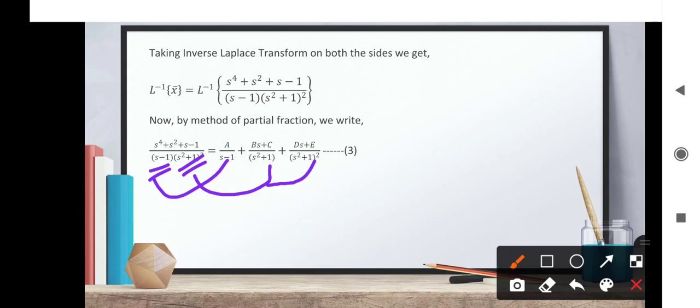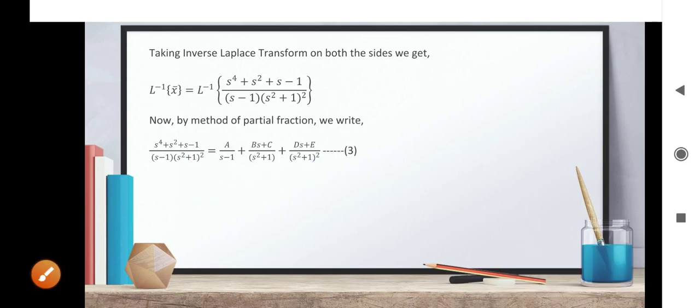So the degree of the denominator on the LHS and the number of constants involved in the numerators on the RHS are equal to 5, and hence we are on the correct track. Now our aim is to find the values of these 5 unknowns A, B, C, D and E, and for that you require the LCM of the RHS.